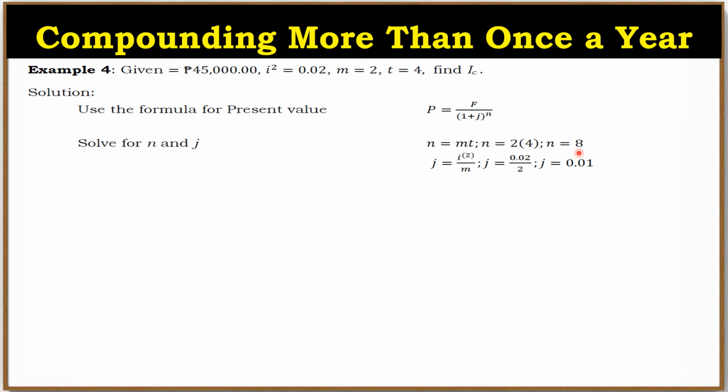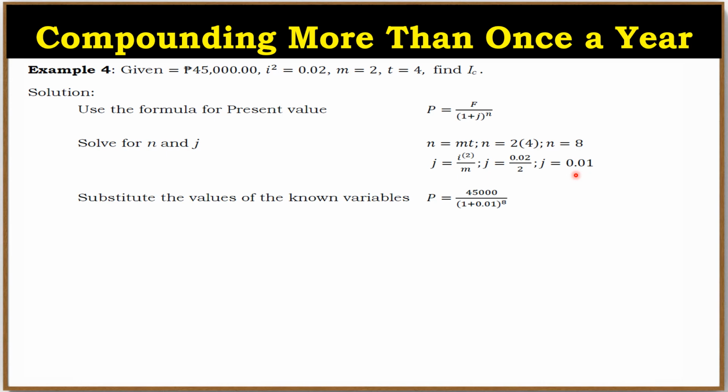and our n is equal to 8. And our j is equal to i raised to 2, which is equal to 0.02, that is the interest, all over our m, which is equal to 2. Then just divide 0.02 divided by 2, and you will get 0.01.